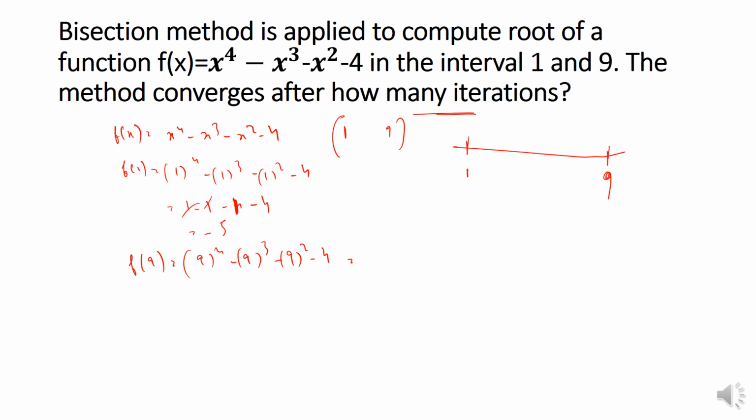This value comes down to 5747. So f of 1 is negative and f of 9 is positive, therefore our root will lie in between these two. So x1 is equal to (1 plus 9) by 2, which is 10 by 2, which is 5.